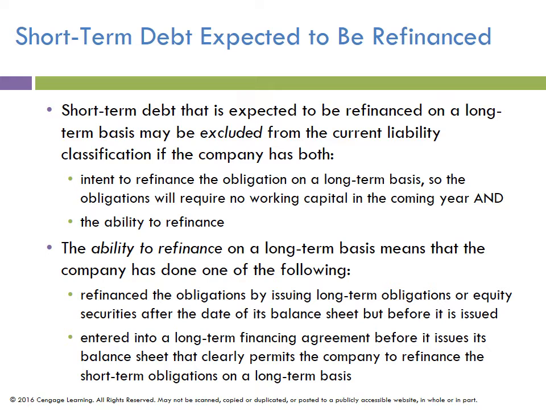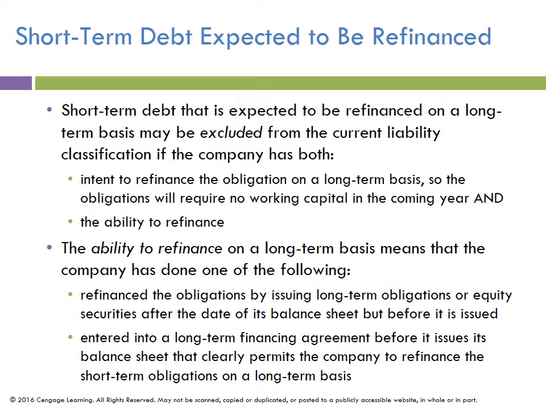The company has the ability to refinance when it refinances the obligations by issuing long-term obligations or equity securities after the date of the balance sheet. So it occurred. So they actually did do the refinancing, or they've entered into a long-term financing agreement.